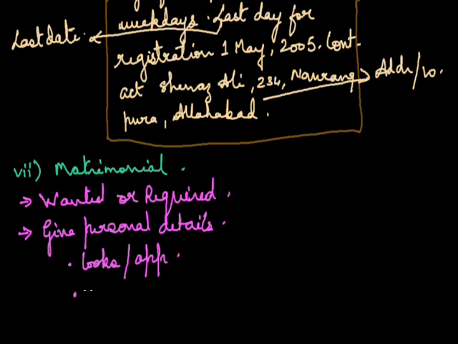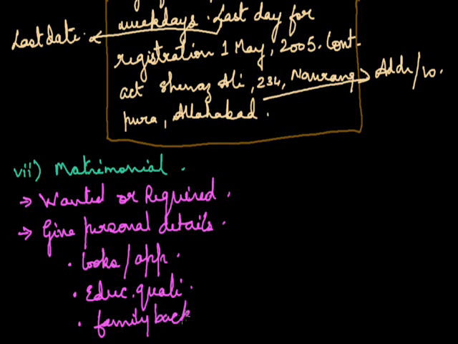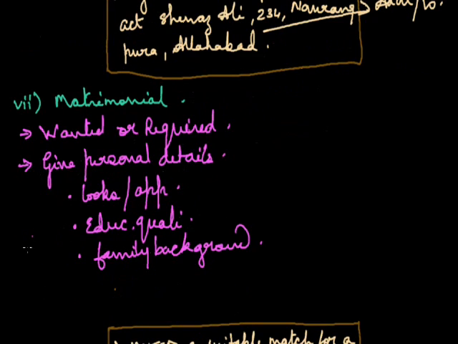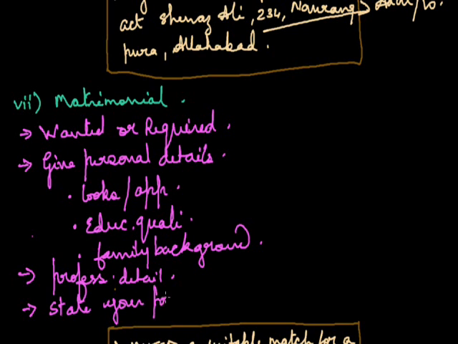You need to give your educational qualification, and next you need to give your family background. Next you also need to provide the information about your professional detail, then your contact address obviously, and you need to state your preference if any. If any preference is there, you need to give that.